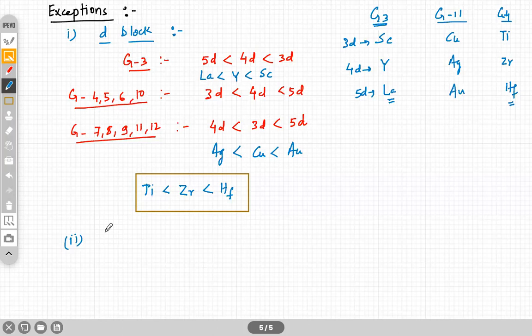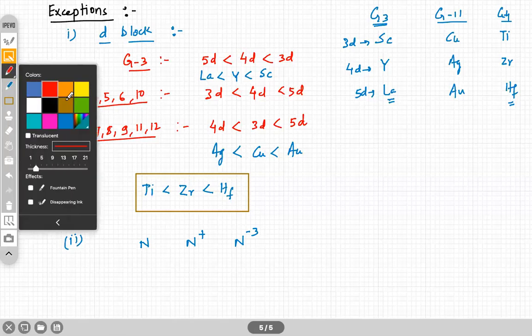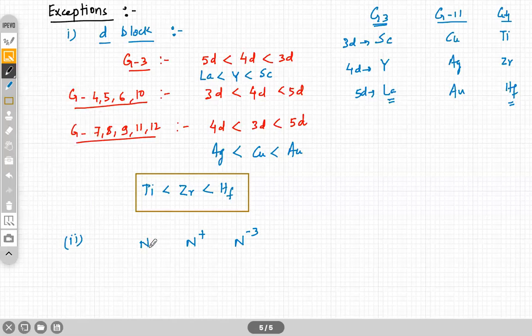Okay, what do you mean by this? I'll show you this. See, we have three elements and ions of it. For example, we have nitrogen, we have N plus, and we have N minus 3. If you look at the electronic configuration, what is the outermost electronic configuration of N?